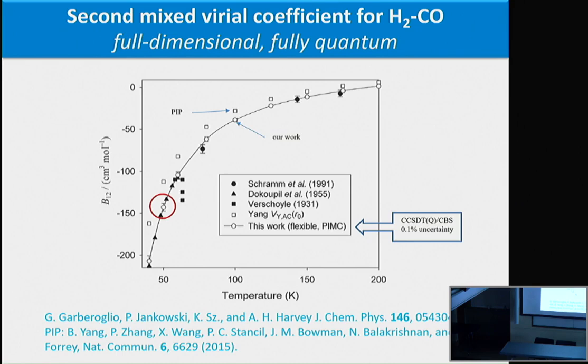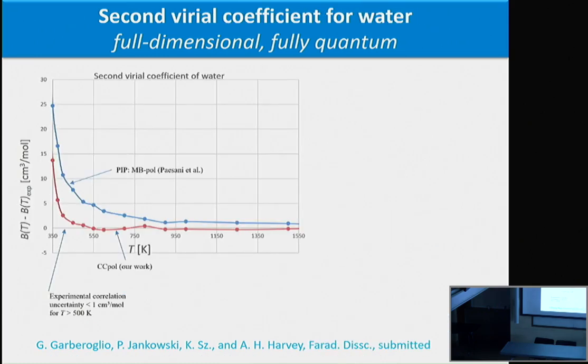A little bit worse, but still really well. Those are very sensitive results. But to get this agreement, we had to do CCSD(T) parenthesis Q CBS extrapolations, and we estimate the potential has about 0.1% uncertainty.